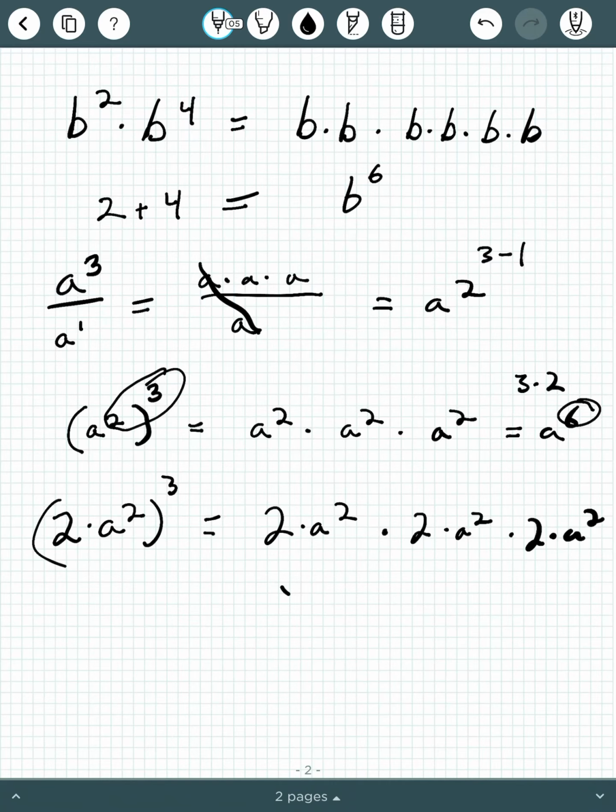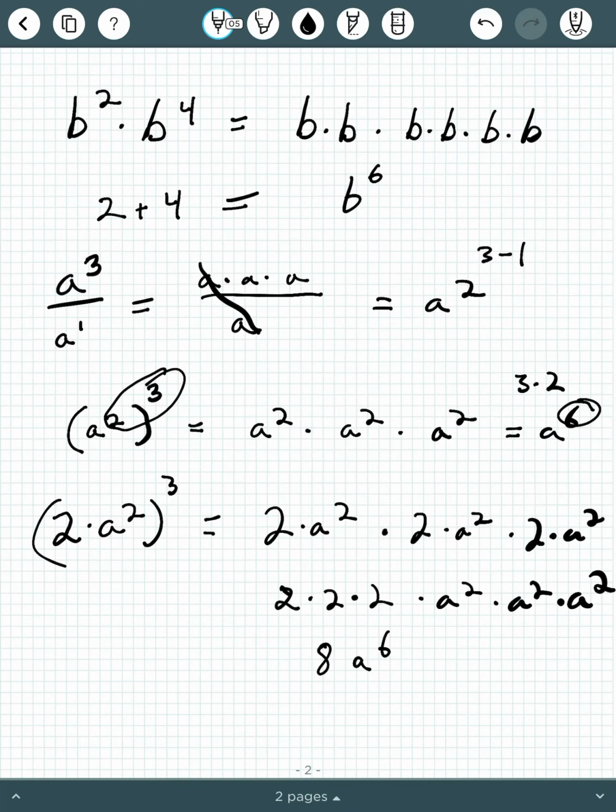We know that multiplication has the commutative property, so we can change the order and do 2 times 2 times 2 times a squared times a squared times a squared, which ends up being 8a to the 6th.